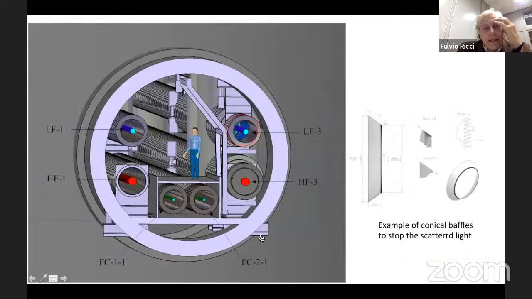This is another sketch, of a possible configuration for installing the 4 tubes that we have to install in the gallery with the HF and LF interferometers. By the way, this is a bit out of scale, because the indication that we received is to decrease the diameter of the gallery and install tubes with a diameter of the order of magnitude of 1 meter for each tube.